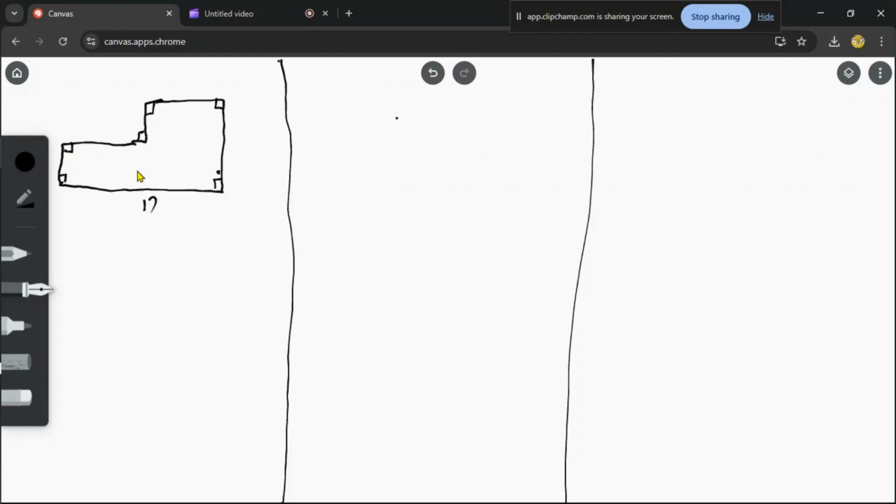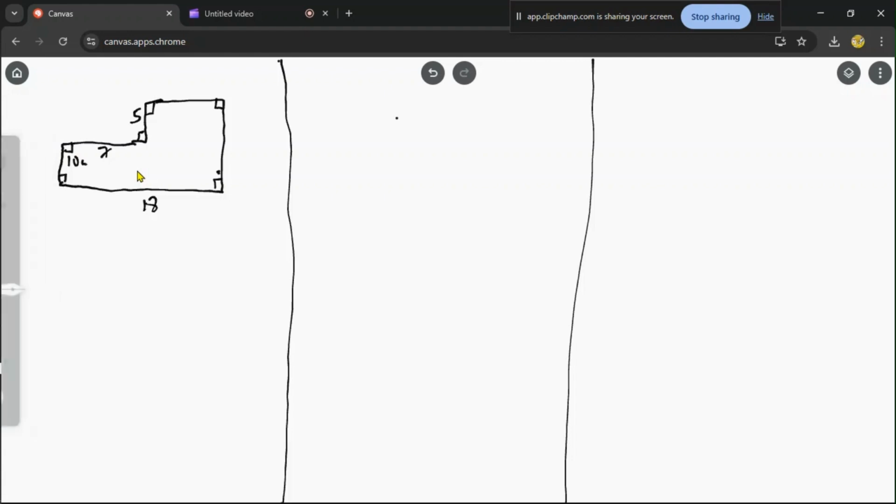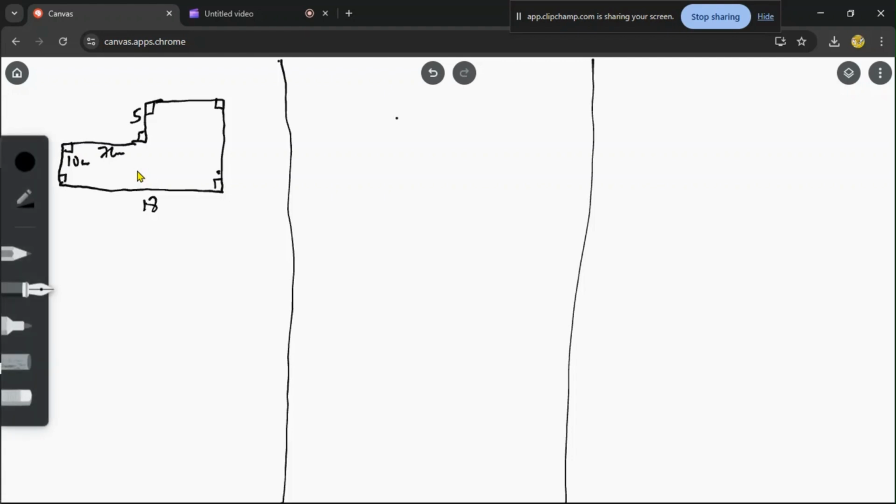This is 18. You've been told this one is 5. All of them in centimeters. This one is 7. This one is 10. So we have centimeters, and so perimeter is the distance around a figure.